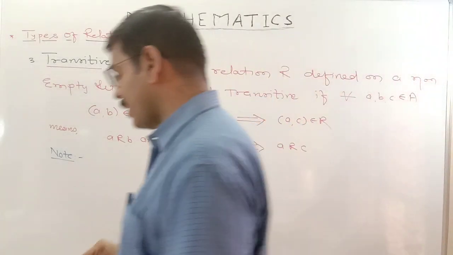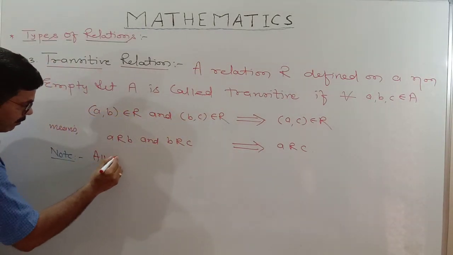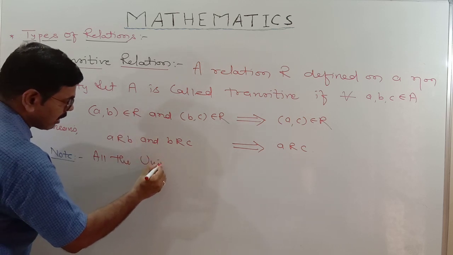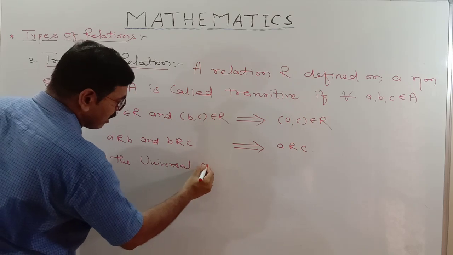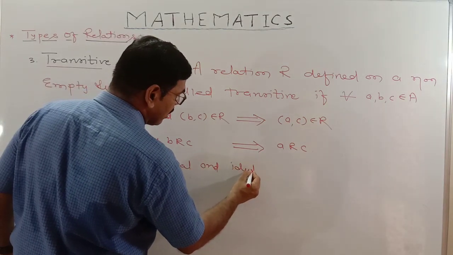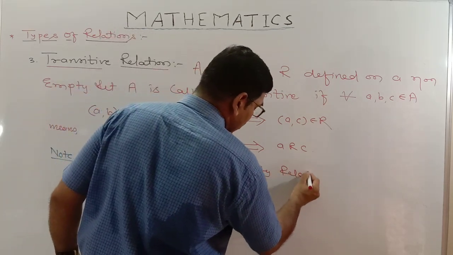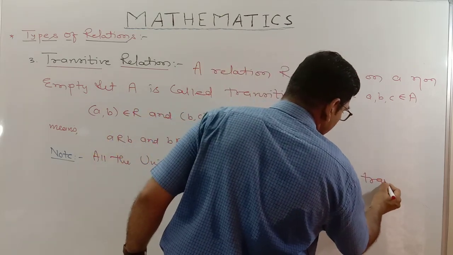Okay, so I am not writing that note; I am writing the note that all the universal and identity relations are transitive.